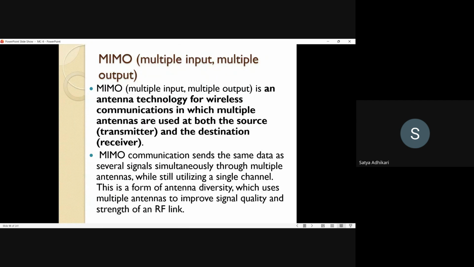MIMO communication sends the same data as several signals simultaneously through multiple antennas, while still utilizing a single channel. We have an image we'll discuss. As the name suggests, multiple inputs, this is a form of antenna diversity, which uses multiple antennas to improve signal quality and strength of an RF link.